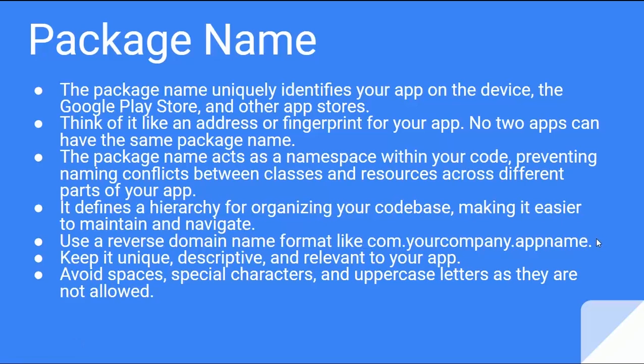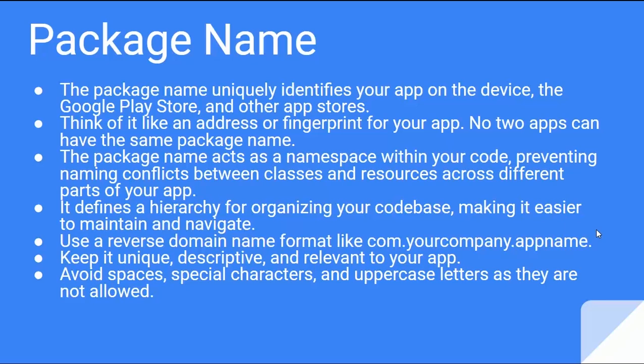And we all know that a domain is always unique. So a website has a unique domain. For example, if I go to developer.android.com, this is a unique domain and there will be no other website with the same domain. And since the domain is unique, whatever you add after the domain name, the entire package name will become unique as well.